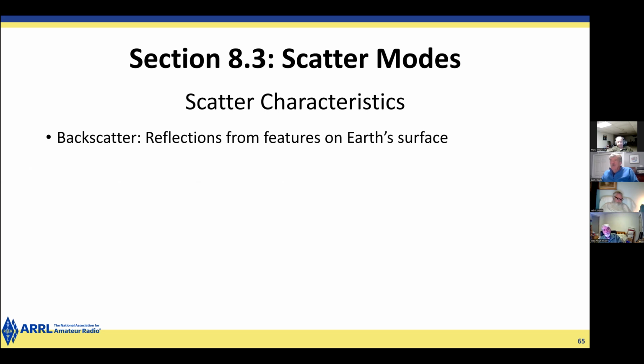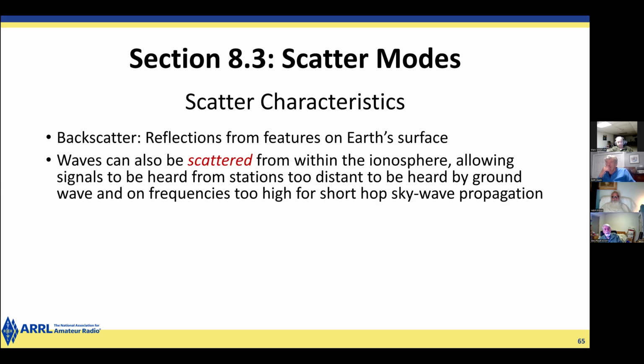So the ionosphere acts like a prism and bends radio waves, but it will also scatter radio waves in random directions, although the scatter effects are much weaker than the refraction. Backscatter is reflections from features on the Earth's surface, but they can also be scattered from within the ionosphere.